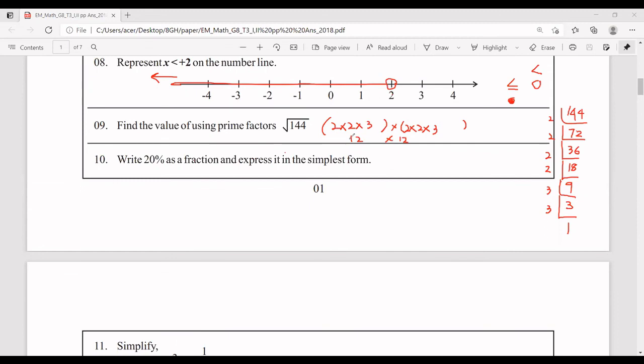So root 144 equals root 12 squared. Now, if there's a square number inside the root sign, then the answer is 12, because the root sign can be removed if there's a square number inside.